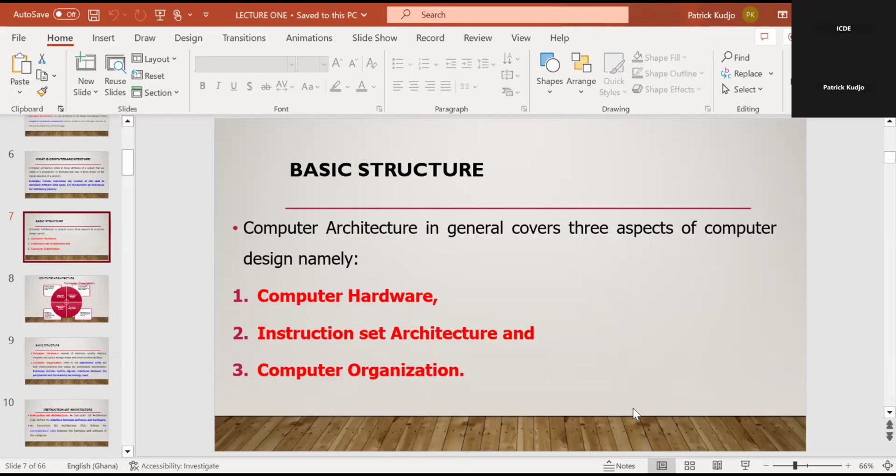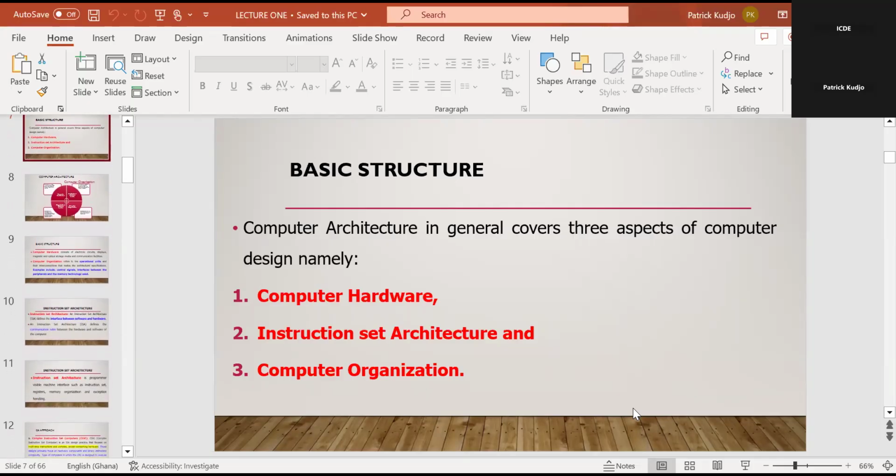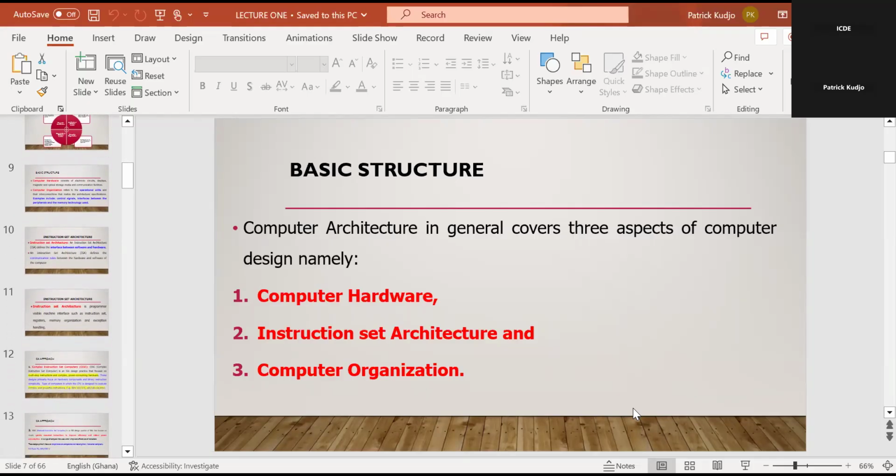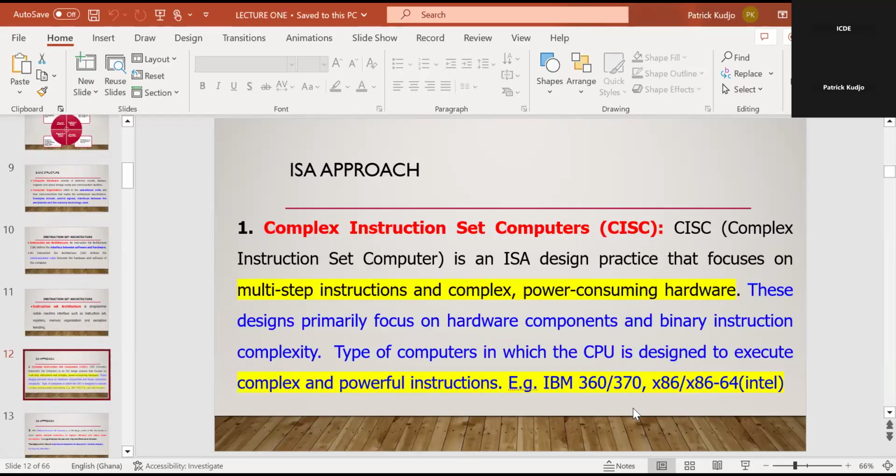I've explained the hardware, I've explained the computer organization, and currently I'm explaining the instruction set architecture. Remember, I said there are two main approaches: the reduced instruction set computers and the complex instruction set computers. Let's deal with the complex instruction set computers.